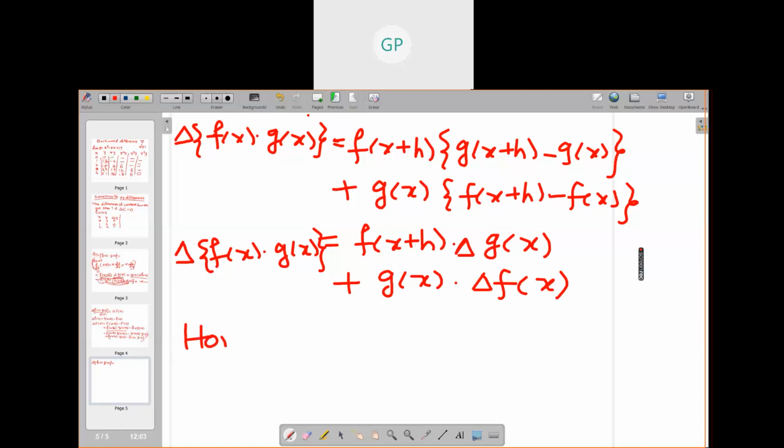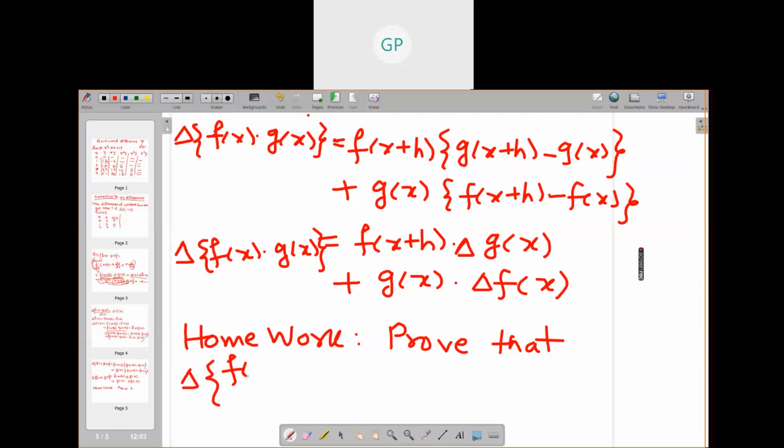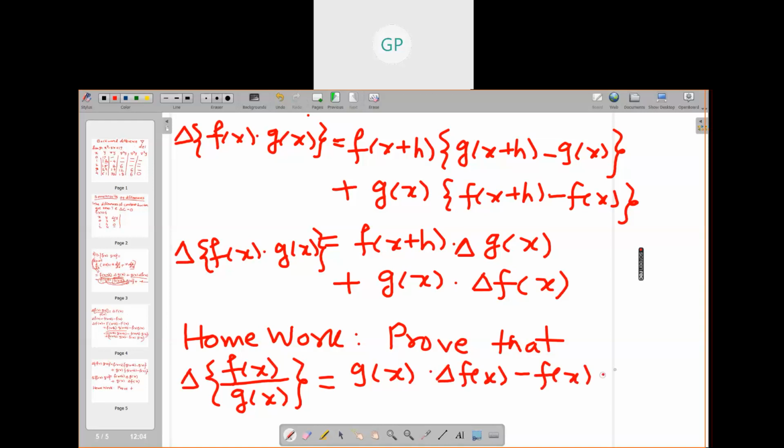Now your homework. Prove that delta operated on the rational function, f of x divided by g of x, the quotient, is equal to g of x into delta f of x minus f of x into delta g of x, and the whole thing divided by g of x plus h into g of x.